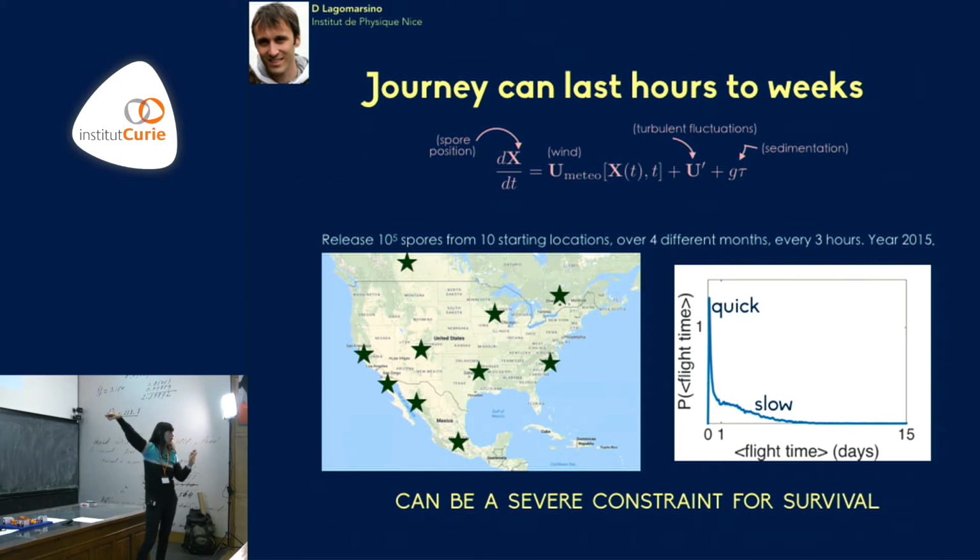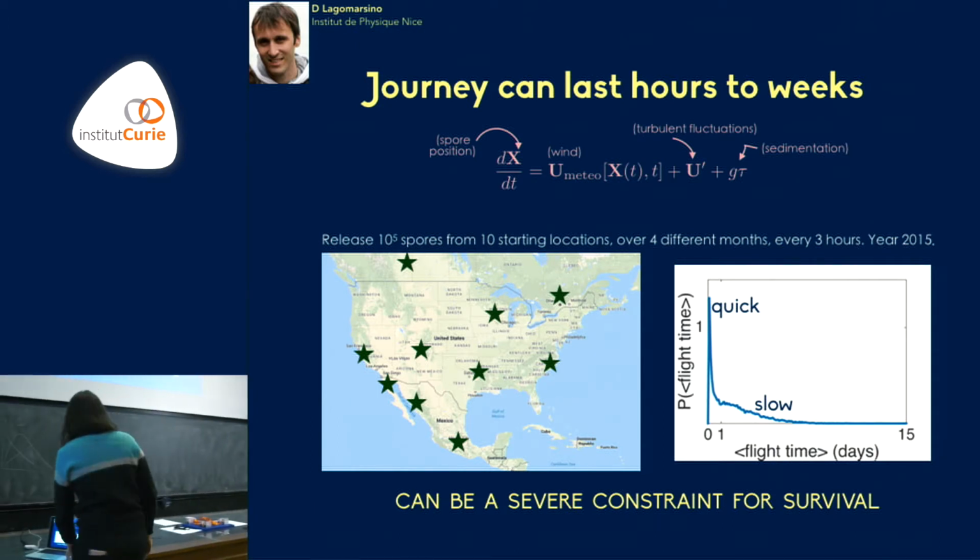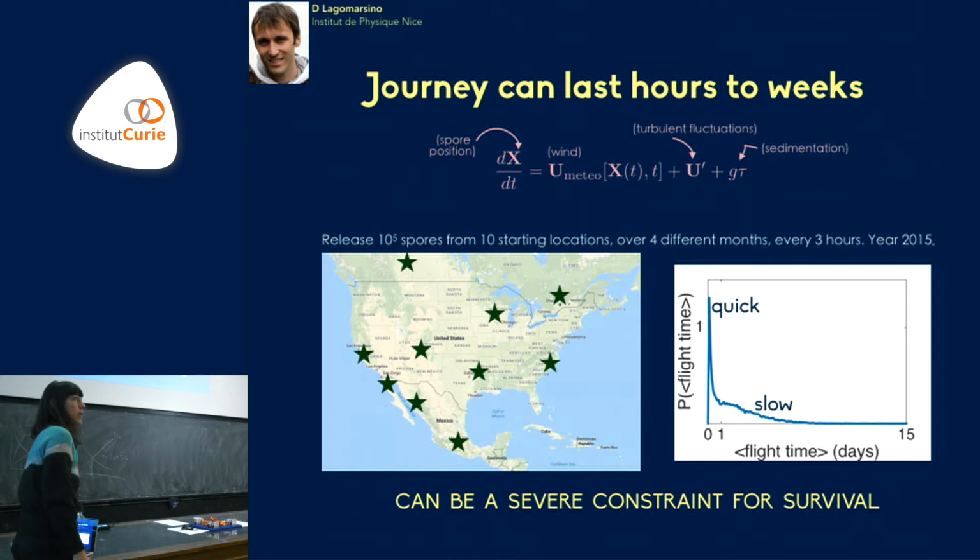So that's another point that we are quantifying. So the statistics will be biased onto those spores that ended up on the ground within the 6 weeks. It's very spread out. There are spores that take only a few hours and spores that remain in the atmosphere for weeks.